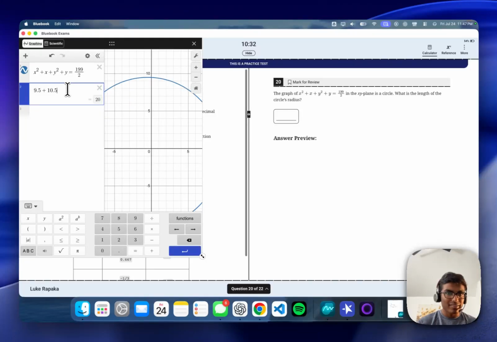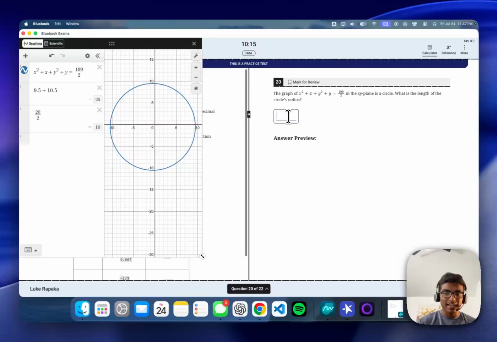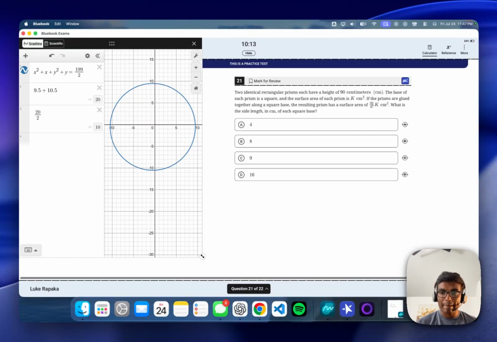So 10.5. I get 20. So I just got the diameter by doing that, right? Because 9.5 up here, negative 10.5 down there. If I add those up, I get the diameter of 20. Now the radius is half the diameter, right? So 20 divided by 2 is 10. And 10 would be the radius.